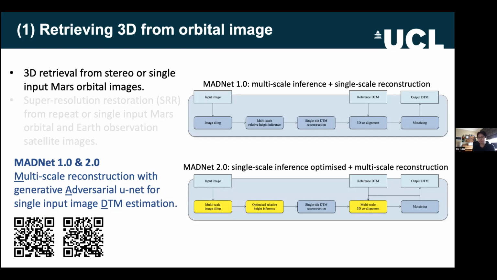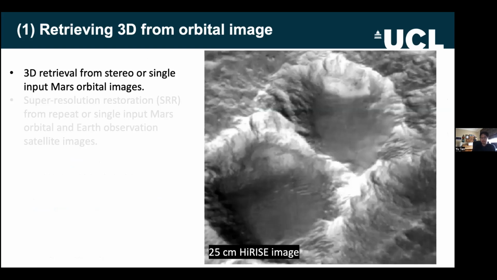And these 2 figures show the flow diagrams of the 2 MADNet systems for brevity. MADNet 1.0 uses multi-scale inference plus single-scale reconstruction, but MADNet 2.0 uses optimized single-scale inference plus multi-scale reconstruction.